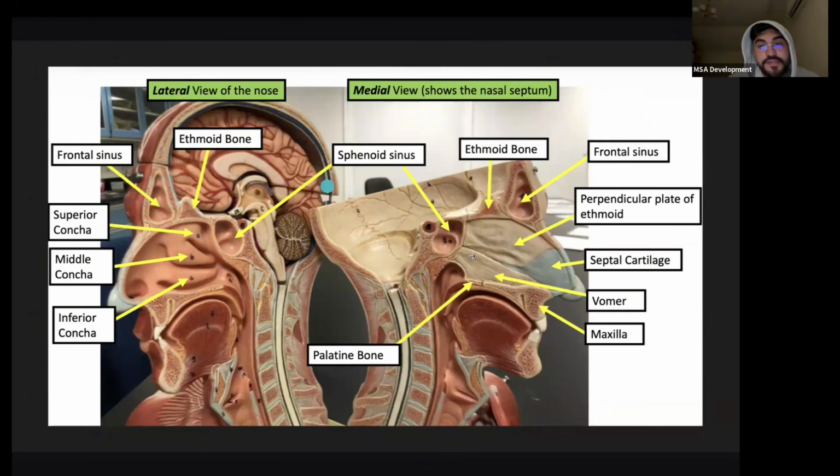This is the palatine bone, which floors your nasal cavity. This is the vomer, this is the perpendicular plate of the ethmoid, and this is the septal cartilage part of your nasal septum. It's very beautiful. You have to know these, and by knowing these structures, you could easily answer all board kind of questions.